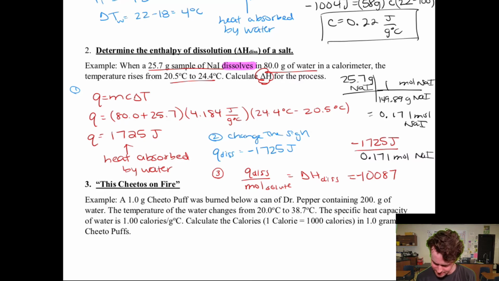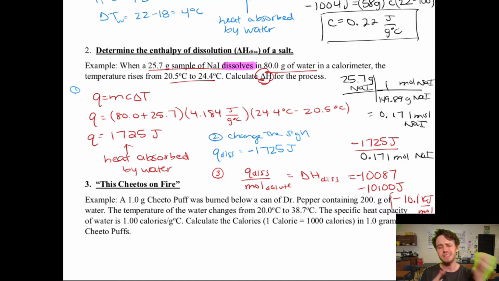Sig fig wise, I would say negative 10,100 joules. I probably would want that in kilojoules, so I'm going to divide that by 1,000 to get that to kilojoules, and that is per mole, since we divide it by moles.